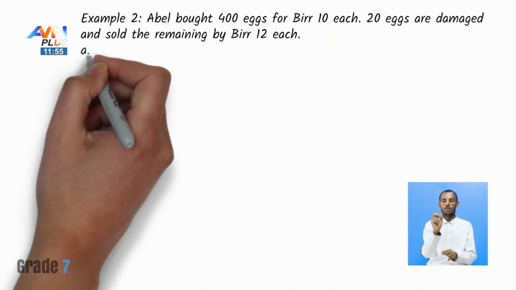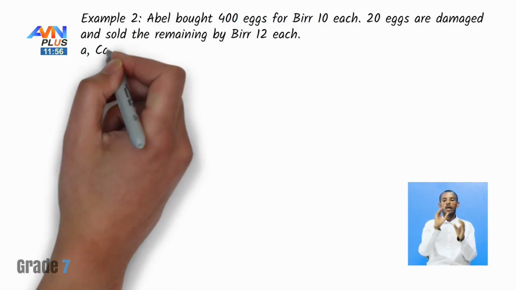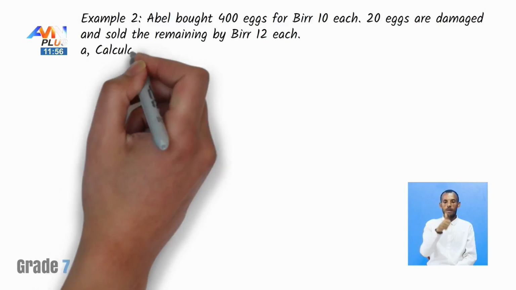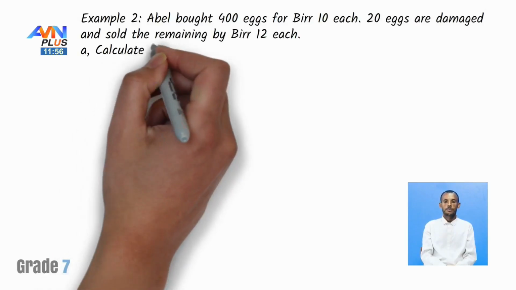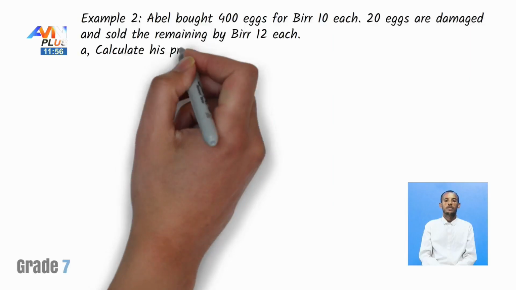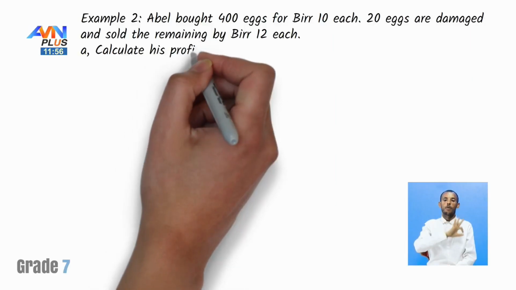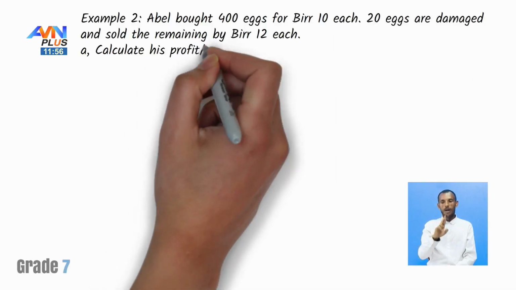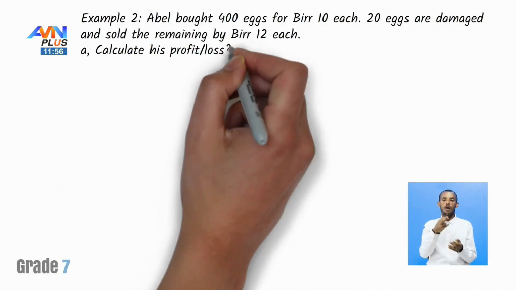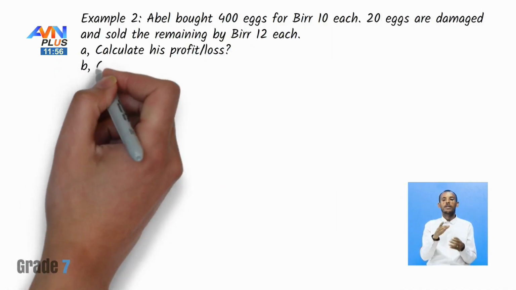Then A, calculate his profit or loss. We don't know whether he has a profit or loss, so calculate his profit, maybe loss.